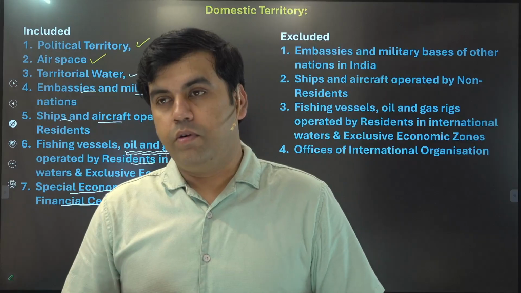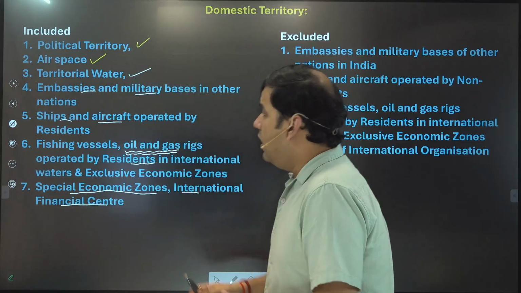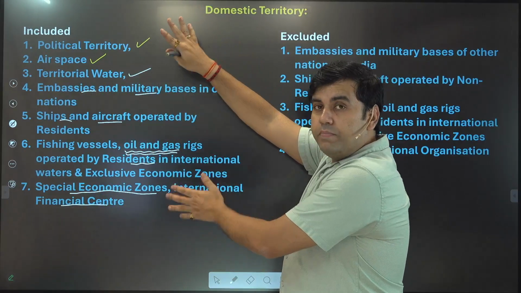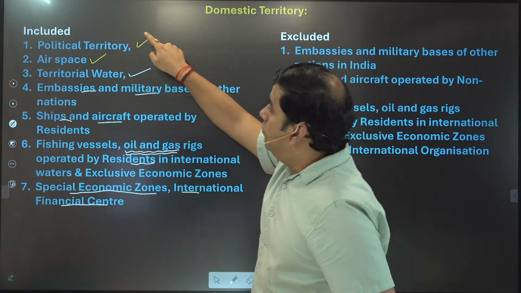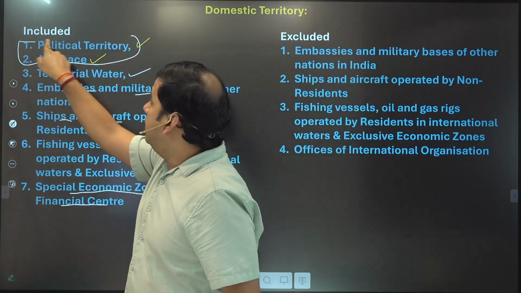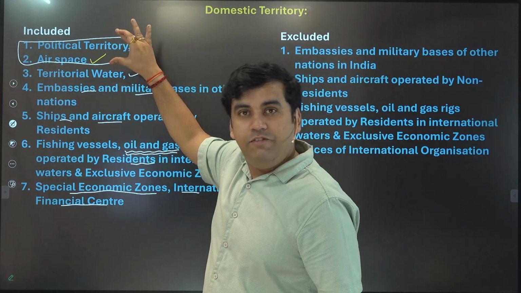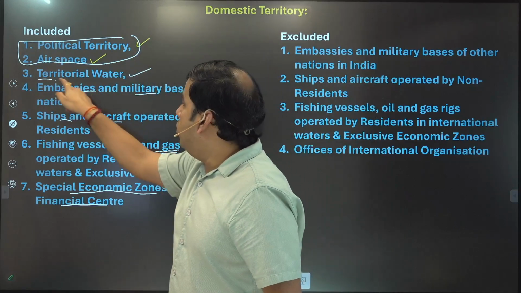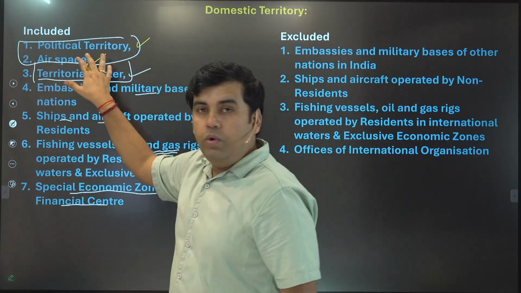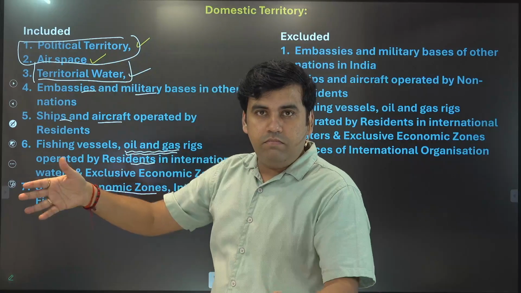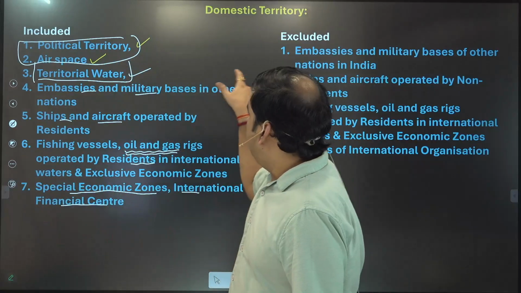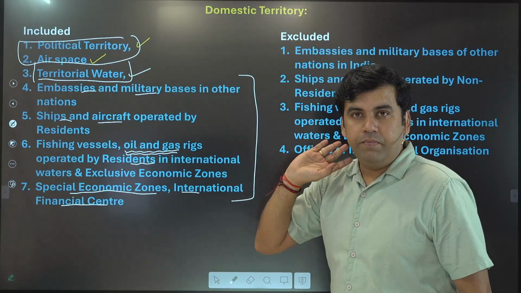Good one. So these are included irrespective of where they are. The first two are considered to be physical and they are actually geographically located within India. Territorial water is also geographically located in India, India's coastal or marine borders. Other things can be outside India.